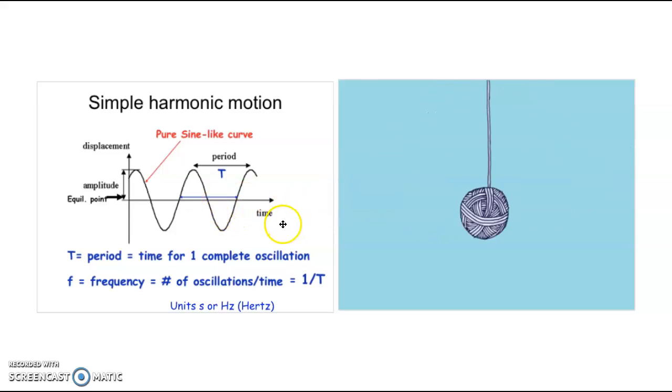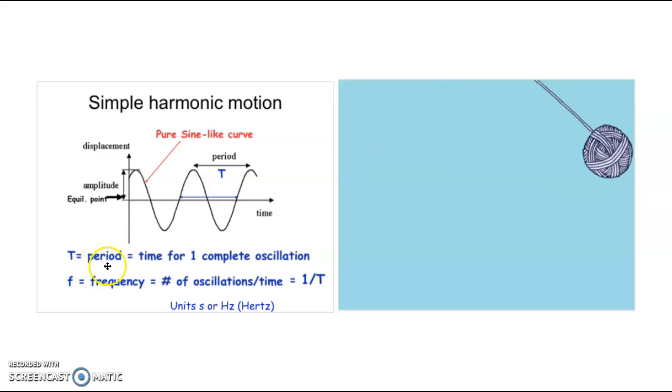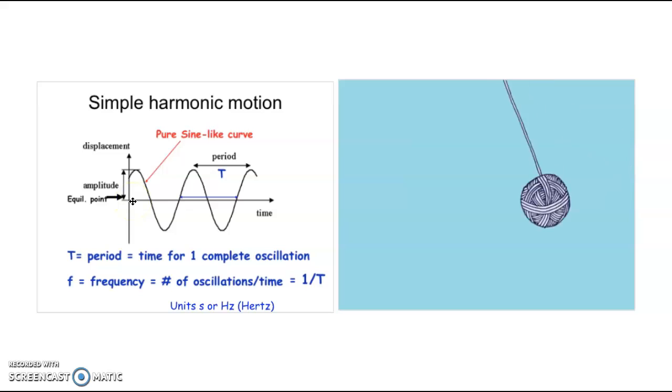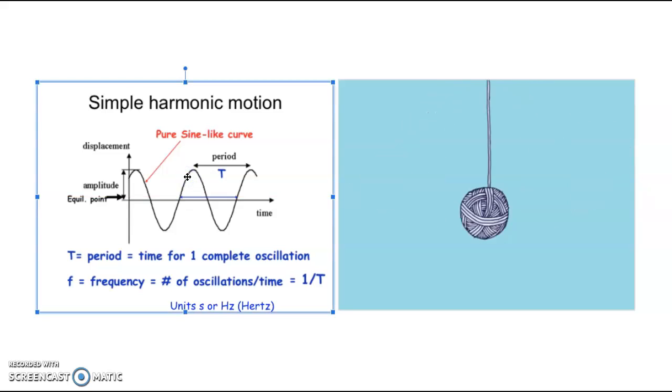That time for one oscillation is always the same, and it has a special name because it's that important. It's called the period of oscillation, and you can literally just read it off your x-axis. So you just find, where do we begin? We begin here. How long does it take the graph to get to exactly the same point?